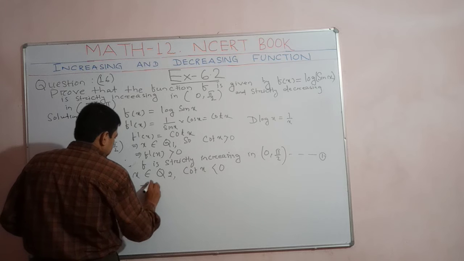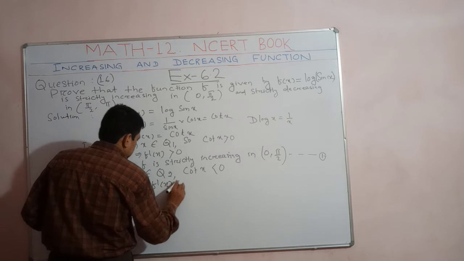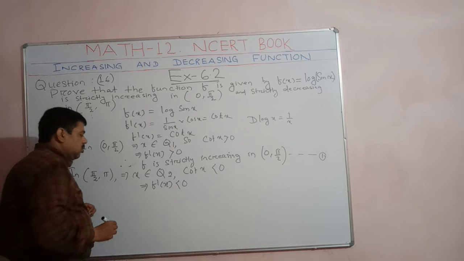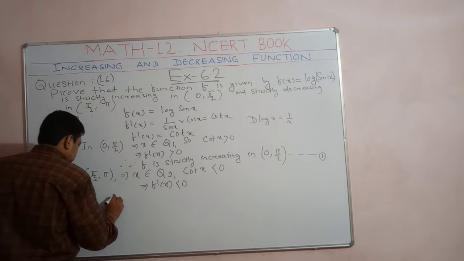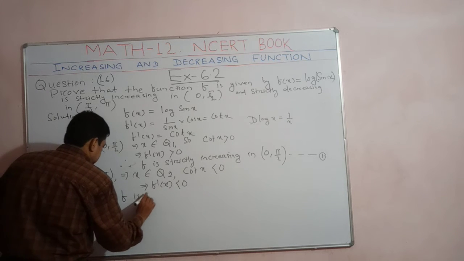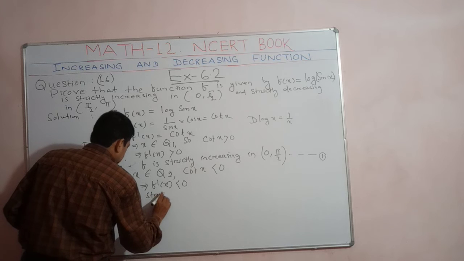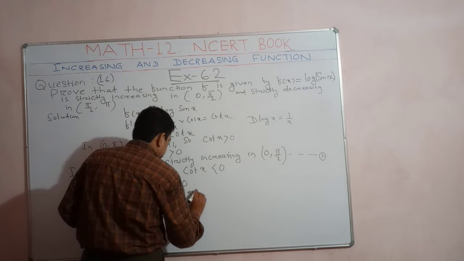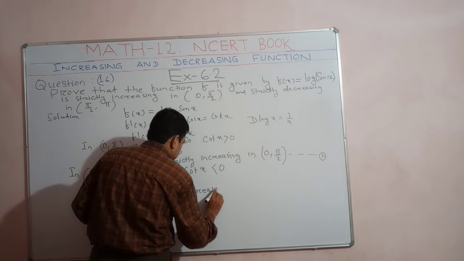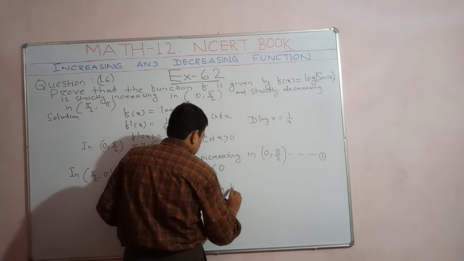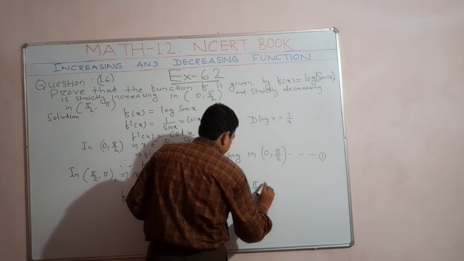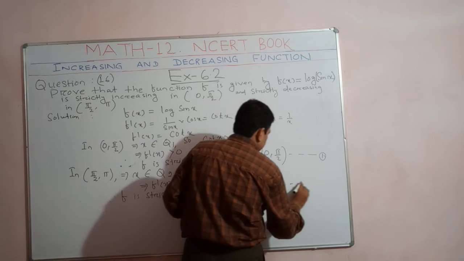That implies f dash x is less than 0. Since the slope of the function is less than 0, hence the function f is strictly decreasing in the interval pi by 2 and pi. This is the second point.